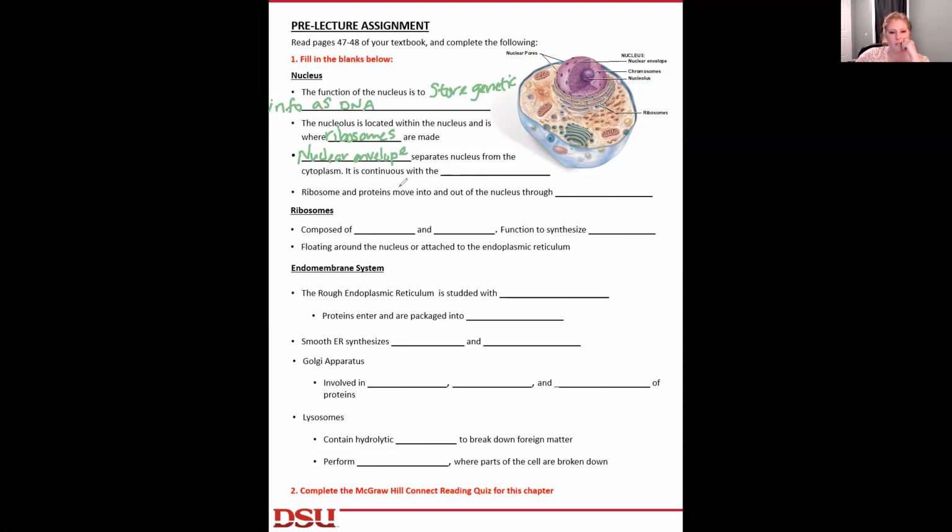Sorry, I just skipped ahead one. It is continuous with the endoplasmic reticulum. We'll go over this in a second. Ribosome proteins move into and out of the nucleus through nuclear pores.